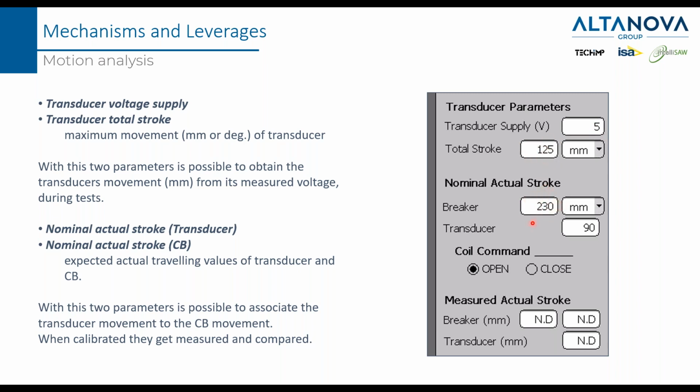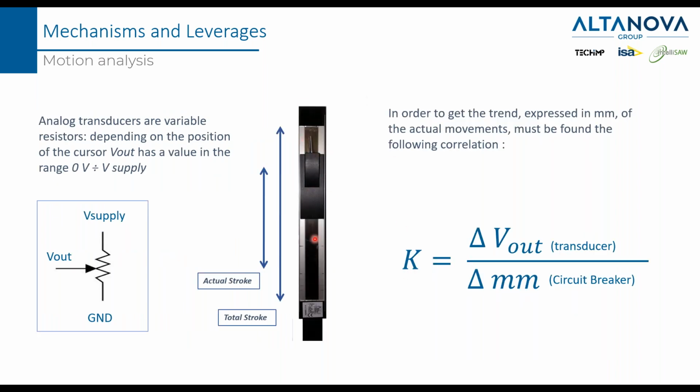Then you have to say how much is the distance that you expect the leverage is doing. Then you have to decide if you are going to do an open operation or a close operation. In the end, what you see here is the actual movement in terms of stroke, where stroke is this distance.